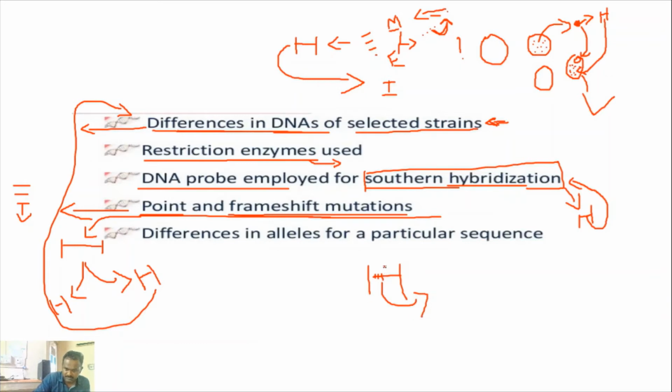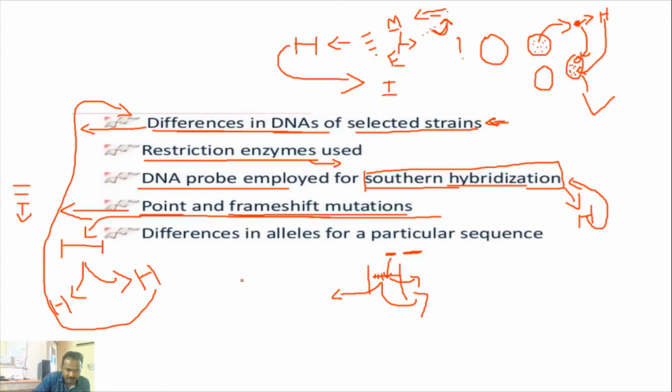Suppose one nucleotide or a group of nucleotides is inserted, or deleted. Either one or more nucleotides are added to or deleted from the corresponding sequence. This addition or deletion directly affects the frame shift.